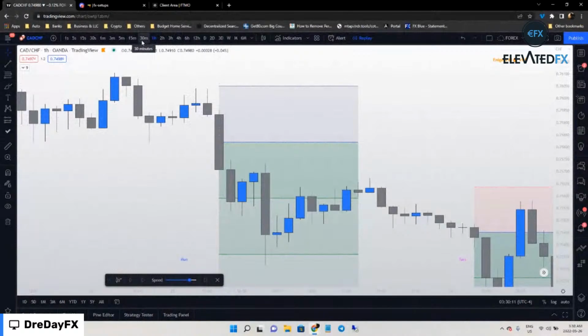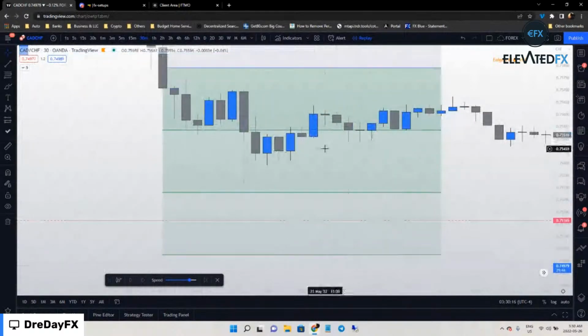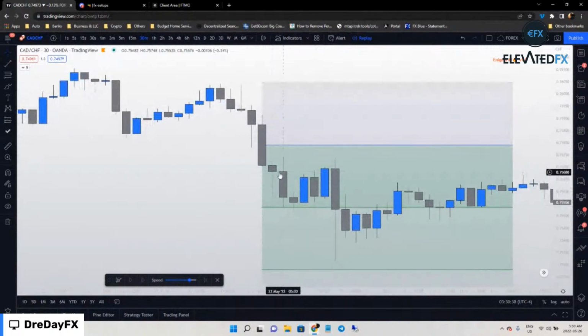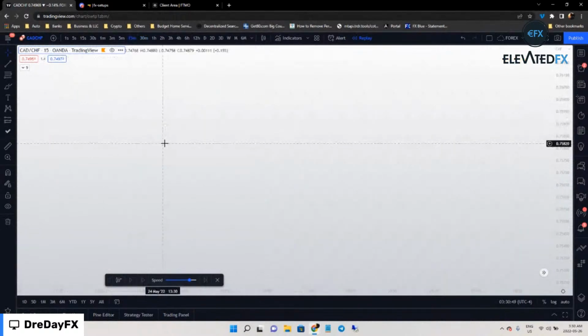For example, we're going to go on the 30-minute at that time. Okay. So on the 30-minute, you see, that was the previous 30 minutes here. You have this candle. But since it's a big range right there, I will still look at maybe a lower time frame than that.